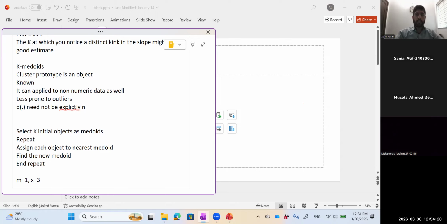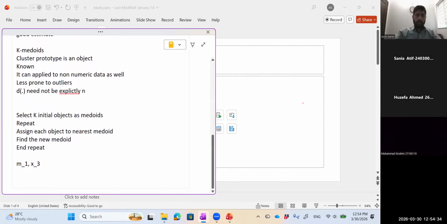Remember, medoid would be an actual object. So M1 का मतलब ये है कि ये for cluster 1 है. So this is the current medoid, and you want to find if there is a new medoid that would be better. So we use the property of a median or the middle object to find the new medoid.